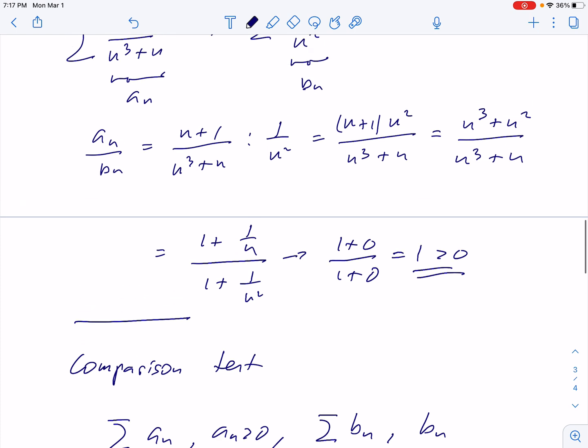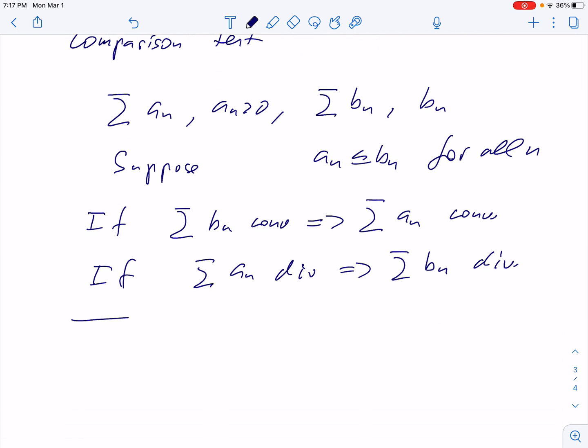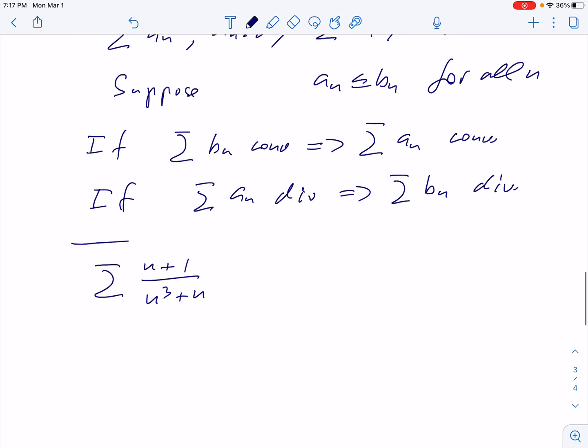And how can we apply it to our last example? Let's write again this series, n plus 1 on top, n cubed plus n below. So I shall take a sub n, the general term here, and I will find a bigger term with a convergent series, reasoning like that.